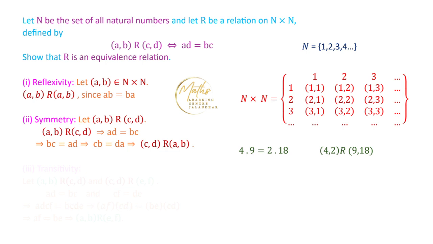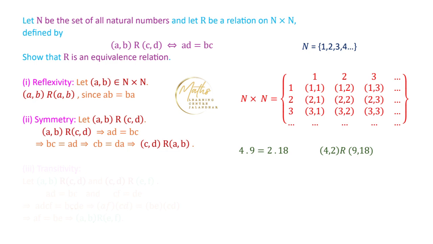So what we have obtained is that whenever the element (a, b) is related to the element (c, d), then the element (c, d) of n cross n is related to the element (a, b) of n cross n. So we are saying this relation is a symmetric relation.